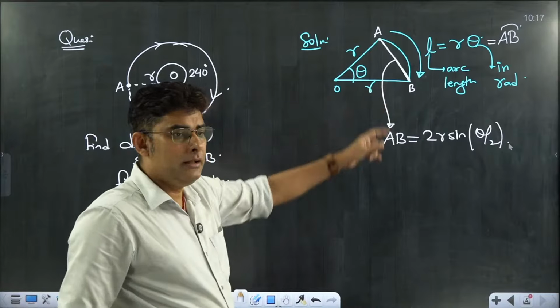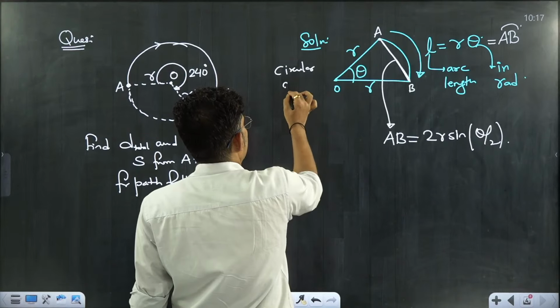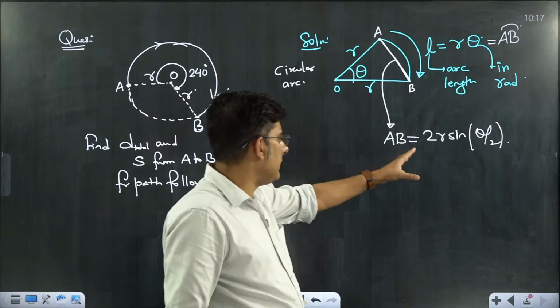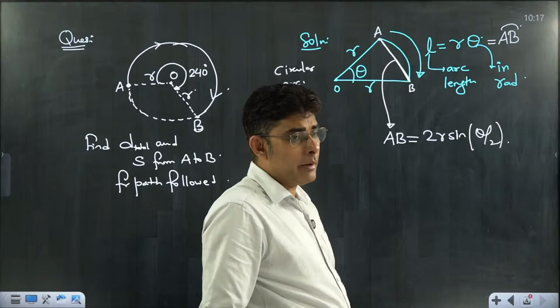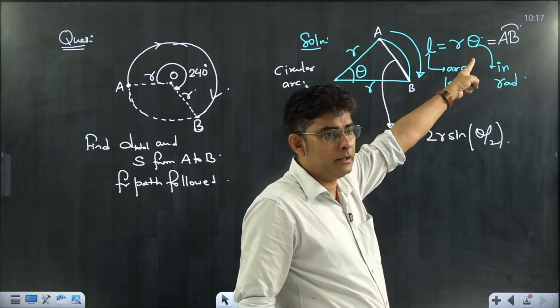So for any circular arc, kindly remember this very important result. The shortest length, which is the displacement, is 2r sine theta by 2, whereas distance is the arc length, which is r theta.